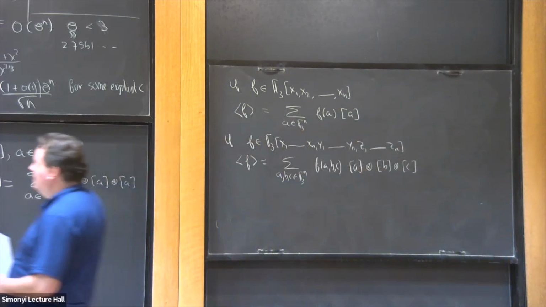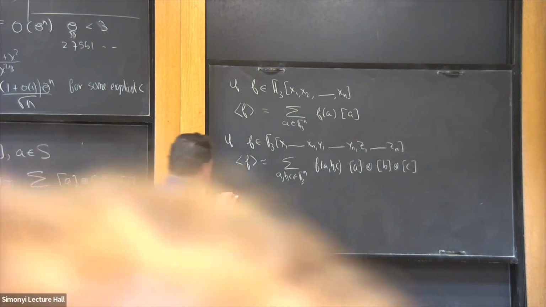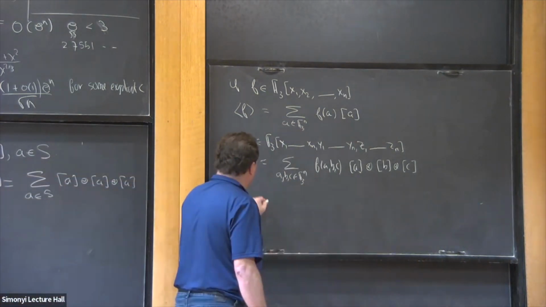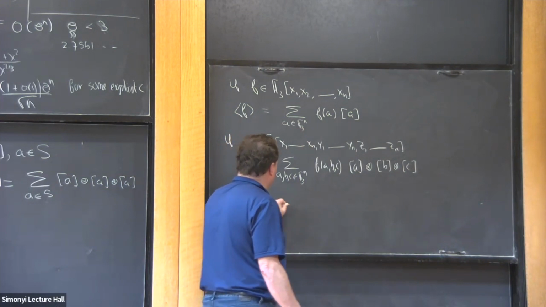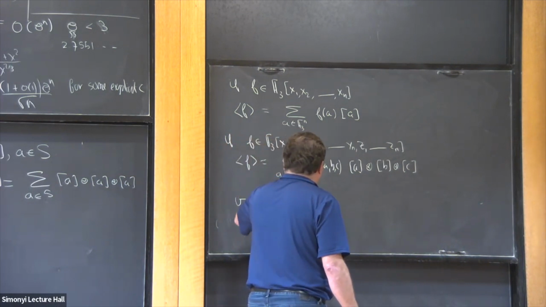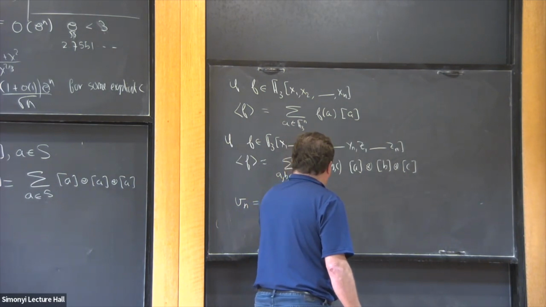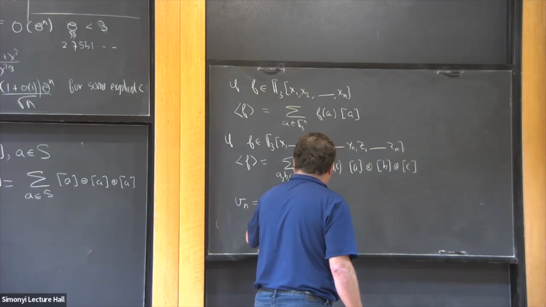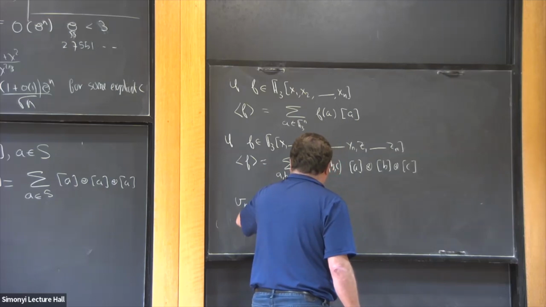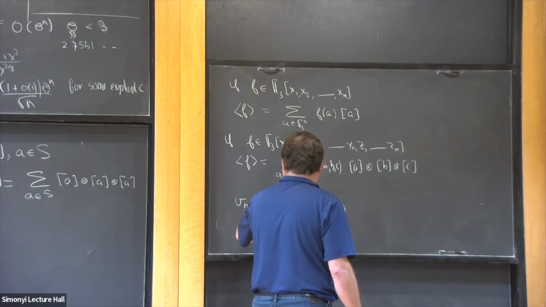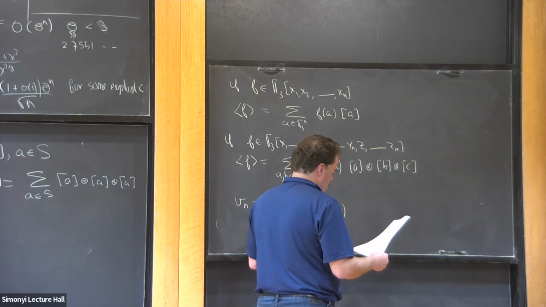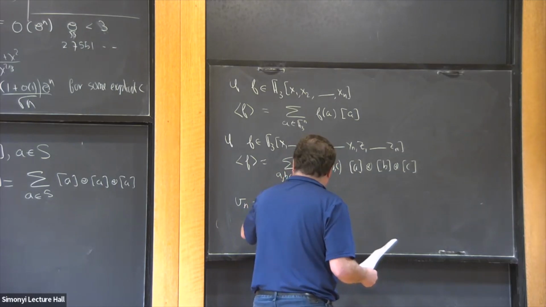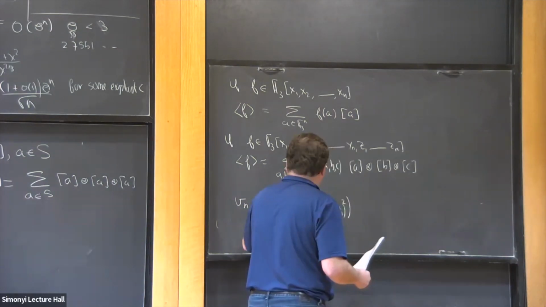And now we actually have a different description of this Vn. This Vn turns out to be exactly what you get from this function: the product, i from 1 to n, of 1 minus (xi plus yi plus zi) squared.